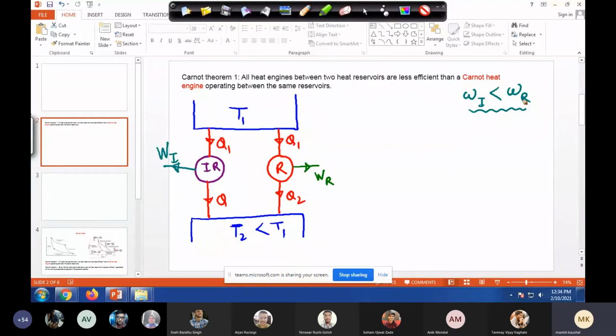Now, if you want to prove this, remember the way we prove it here is that we try to prove a contradiction. The way we did it previously when we tried to prove the equivalence of the Kelvin-Planck and Clausius statements. That's how we did. So we are going to do the same thing here. So what we'll do is as follows.